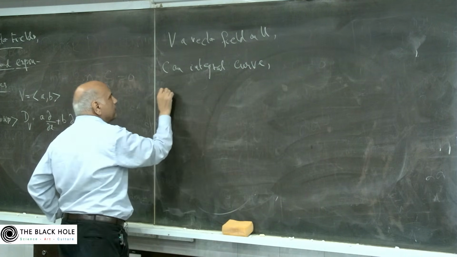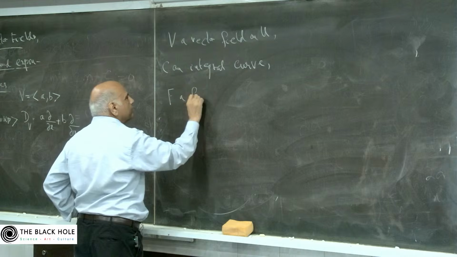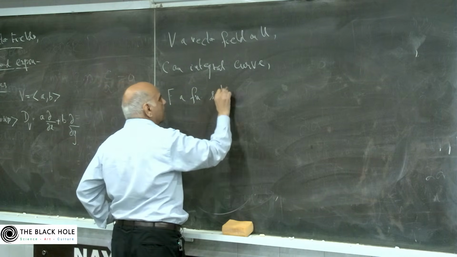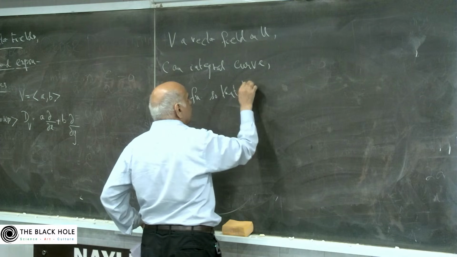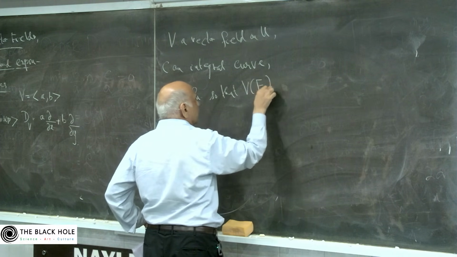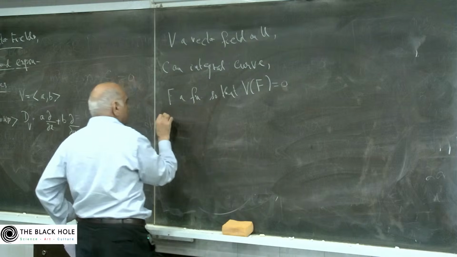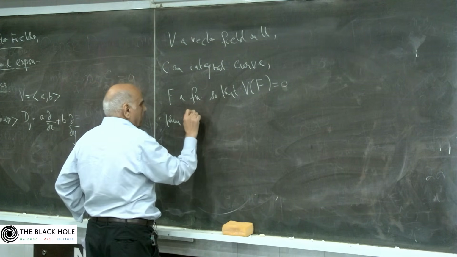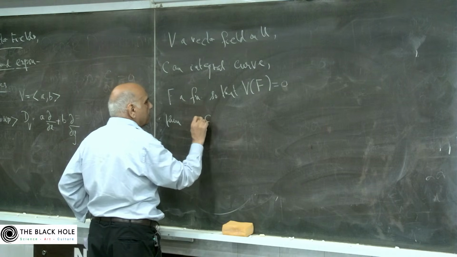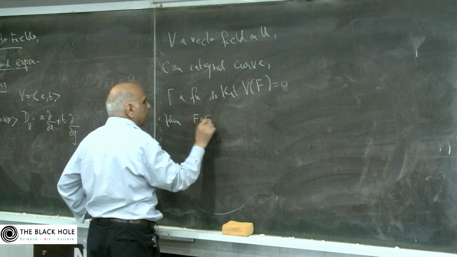F is a function so that V of f is equal to 0, then f composed with C is constant.